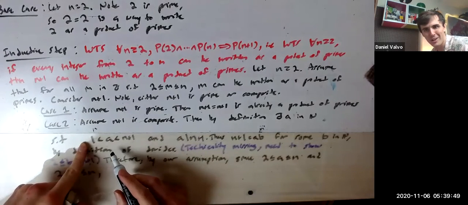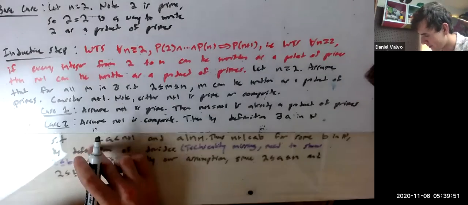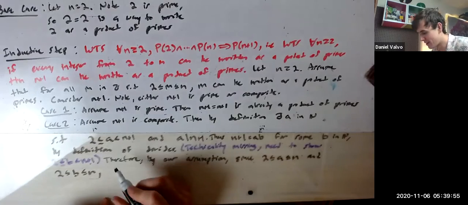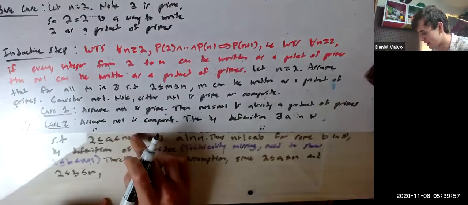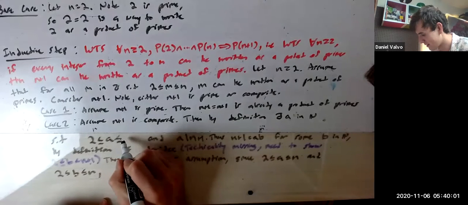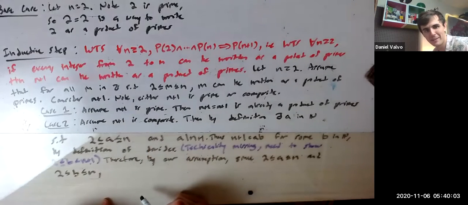But since A is an integer, if you're bigger than 1, that means you're at least 2. And if you're less than N plus 1, that means you're at most N.